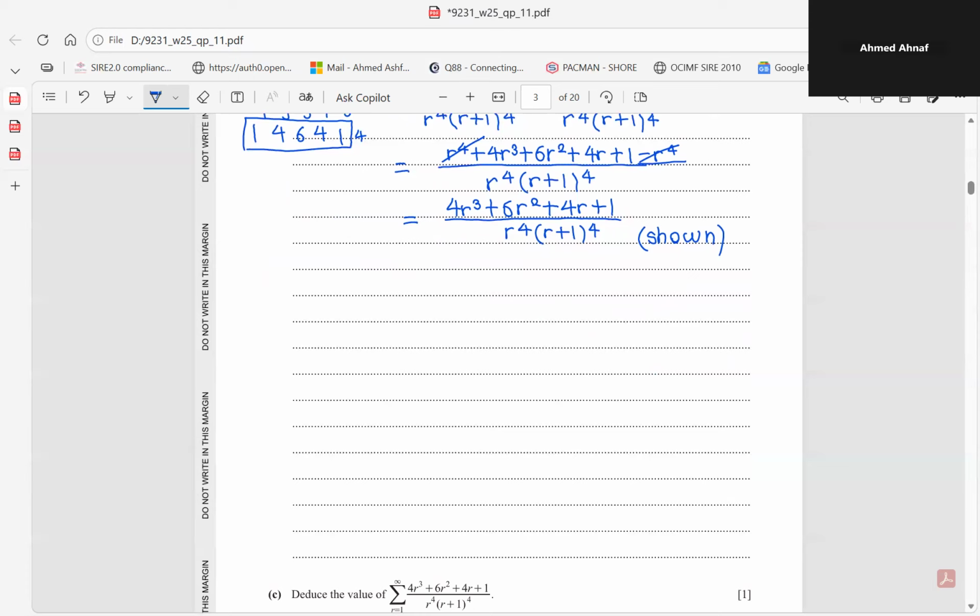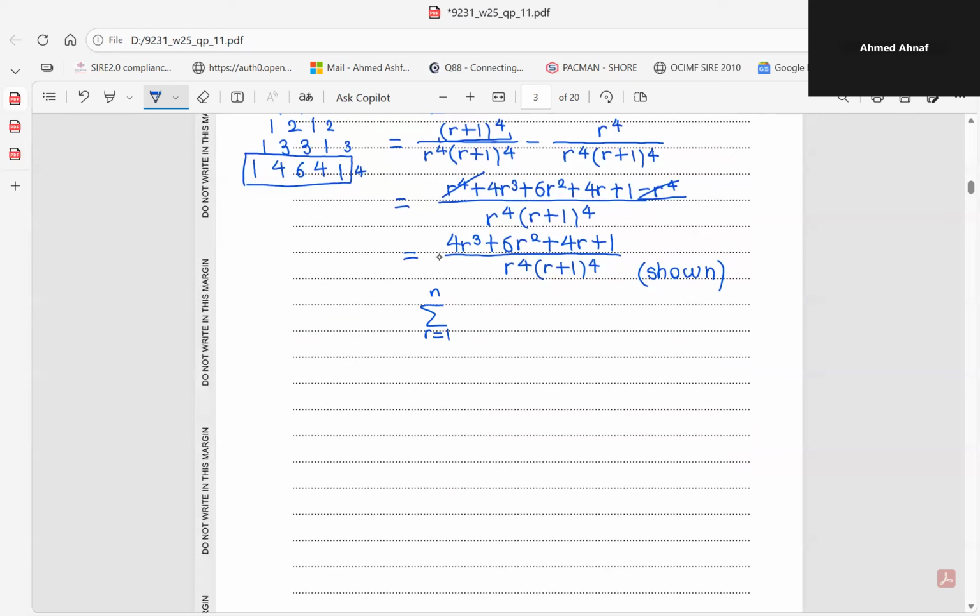Okay, so copy everything down. The summation from r equals 1 of 1 over r to the power 4 minus 1 over (r plus 1) to the power 4.